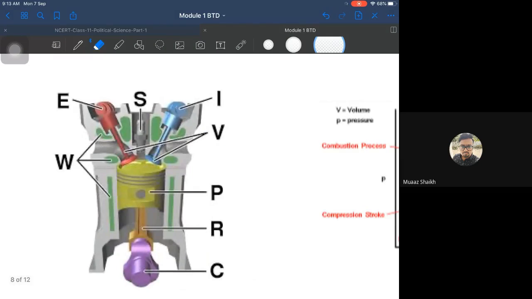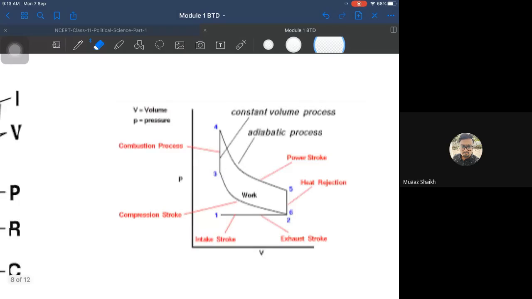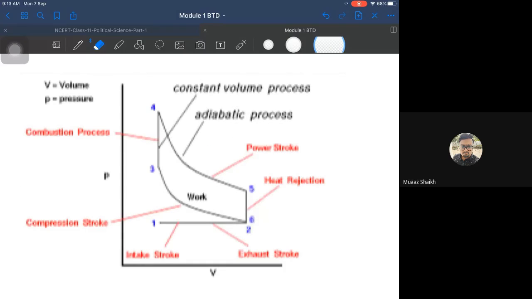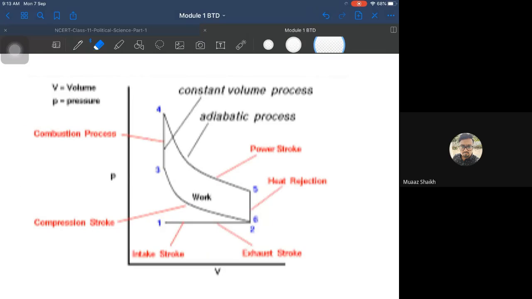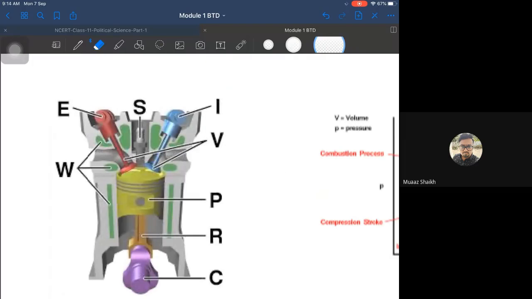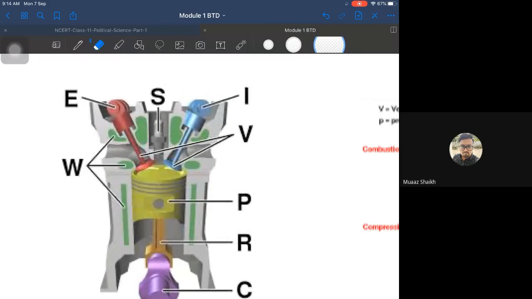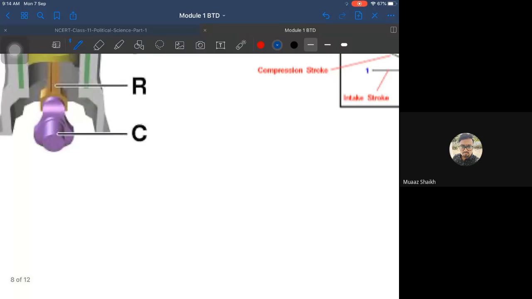So these are the PV diagrams. You shall see what is a PV diagram and all, which governs the operation of the IC engine. So do not take it. You can just write there IC engines. You can just take the rough diagram, not a 3D model like this. You can just eventually write like this.